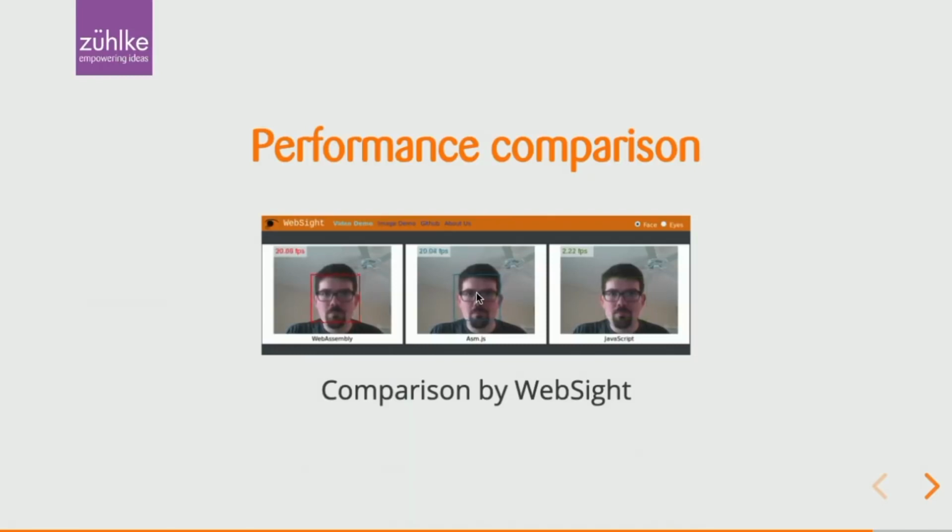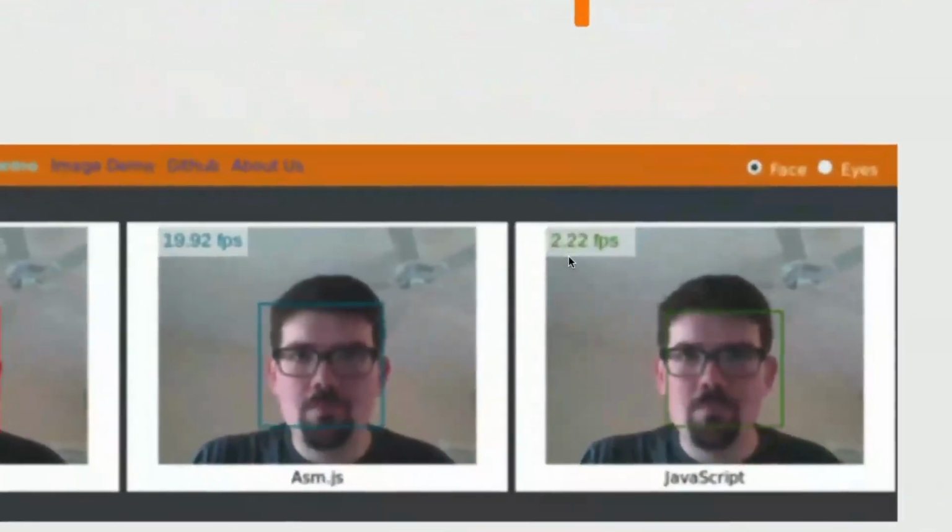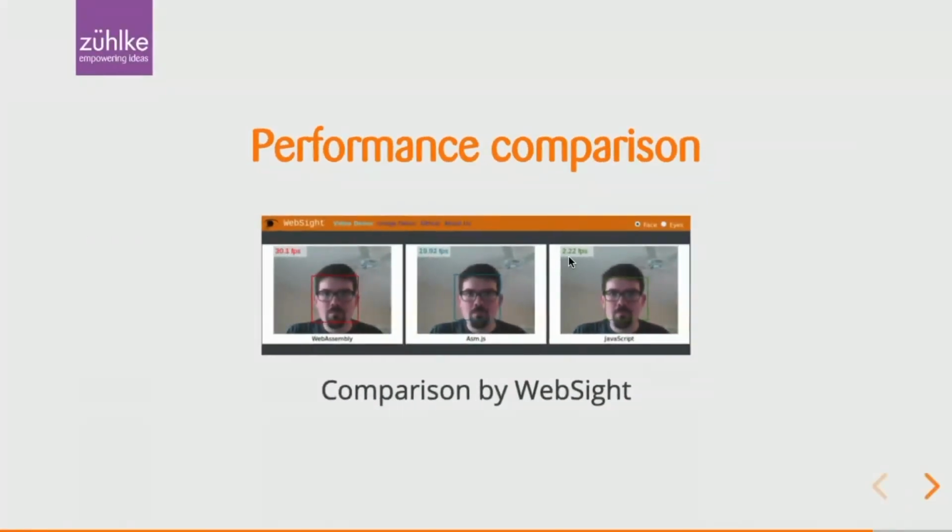They did a comparison to ASM.js and native. That's the same kind of algorithm we are using, just we are not using it very optimized, we just do a very simple example. With ASM.js, it is around 20 frames per second, and native JavaScript is at 2 frames. So this is where near native performance makes a very big difference. If you want to be somewhere close to real time or something in that direction, you should totally go for WebAssembly.